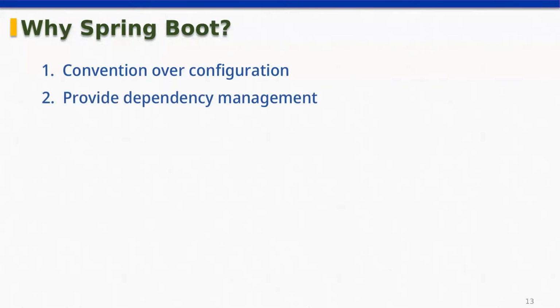And it provides dependency management. This is another beautiful feature. That's what I was mentioning. It will provide you the Spring Boot starter dependencies. For each and every module, you have the Spring Boot starter dependency. See which dependency you want. For example, if you want to connect to the database, you take that Spring Boot Spring Data JPA dependency.